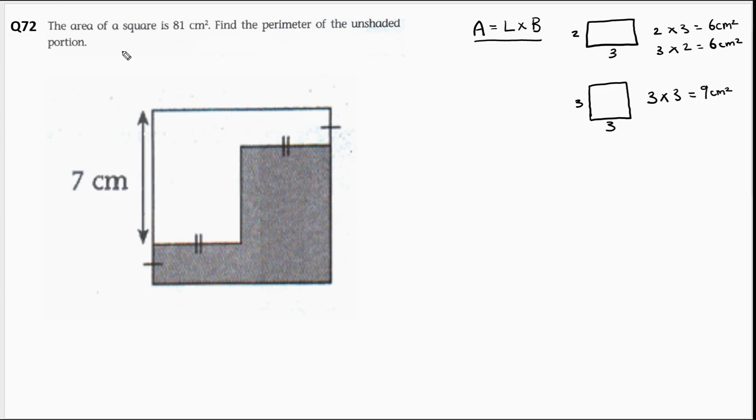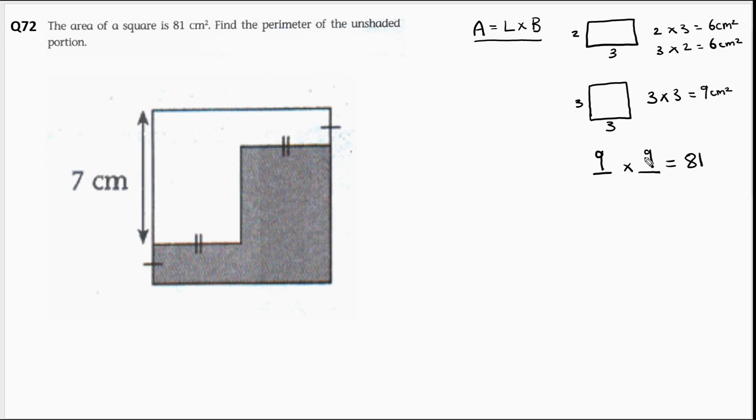So if we go back to this bit here, we are told the area is 81 centimetres squared. So something times the same number equals 81. That is the puzzle that we have. And you probably know your square numbers. If you don't, they are important to learn, but hopefully you know that 81 is the product of 9 times 9.